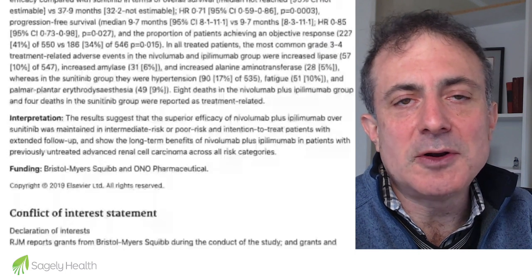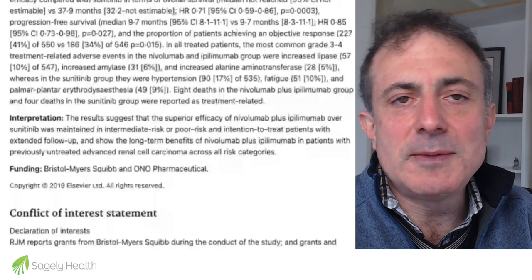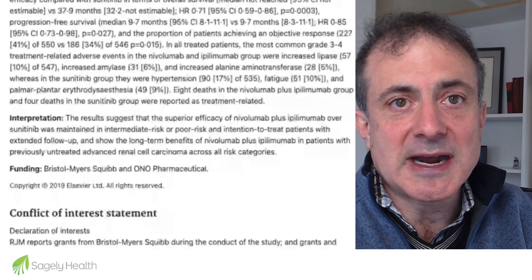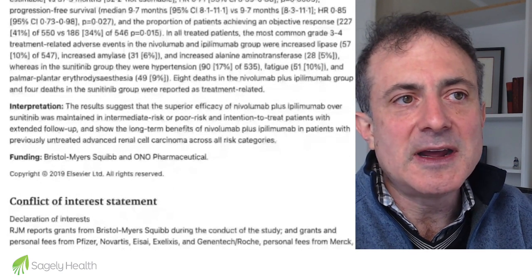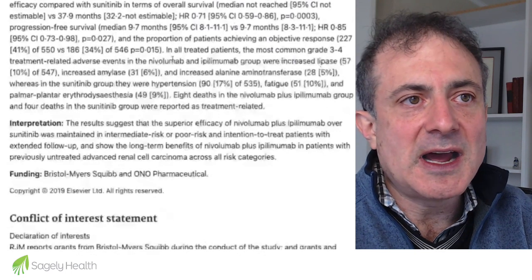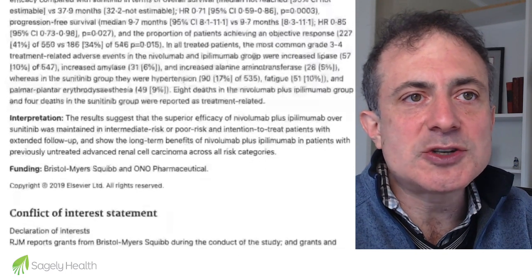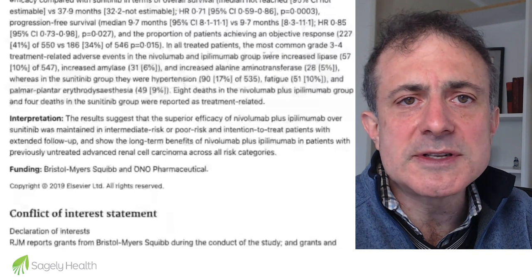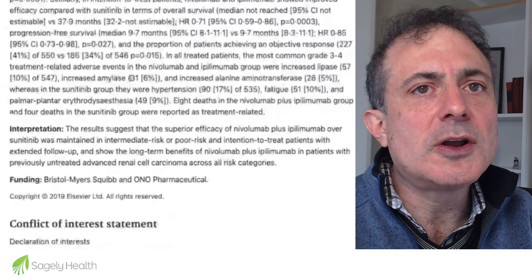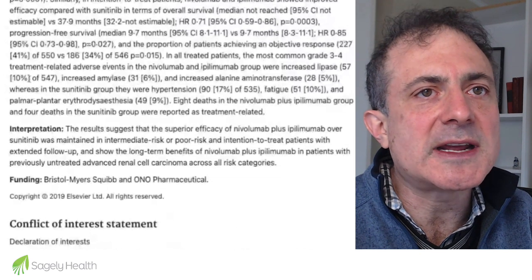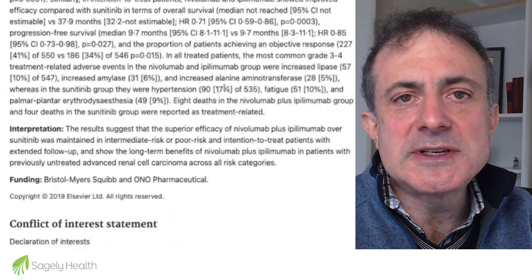As we do that, we'll also take a look. Now, remember, the other thing that I like to look at are the side effects. And Ipi-Nivo has a tradition known to have a decent amount of side effects. That being said, in this trial, they don't give the total grade 3-4 events as far as I can see here. But what they do is they break it down.